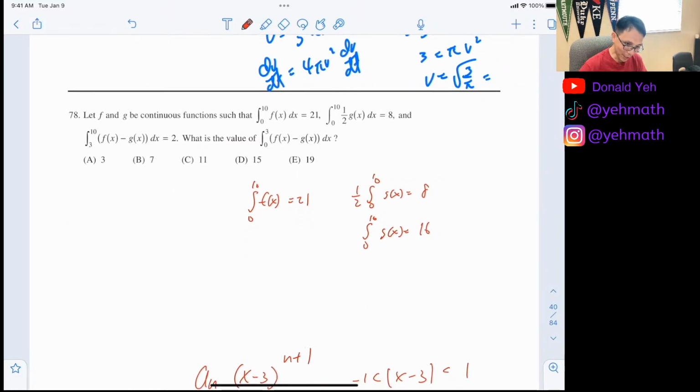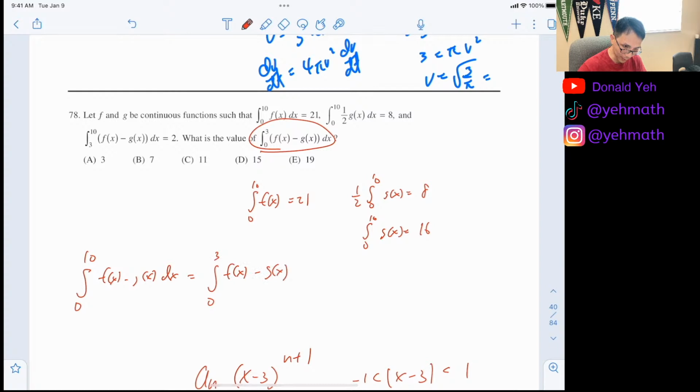Okay, so we are looking for 0 to 3. Just think about the integration of 0 to 10 of f of x minus g of x dx is equal to the integration from 0 to 3 of f of x minus g of x, plus the integration from 3 to 10 of f of x minus g of x.